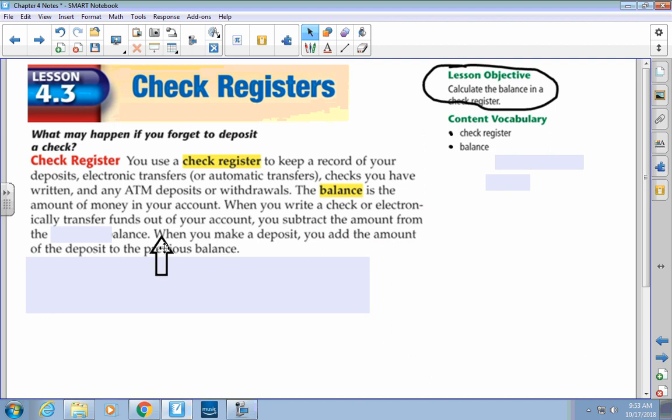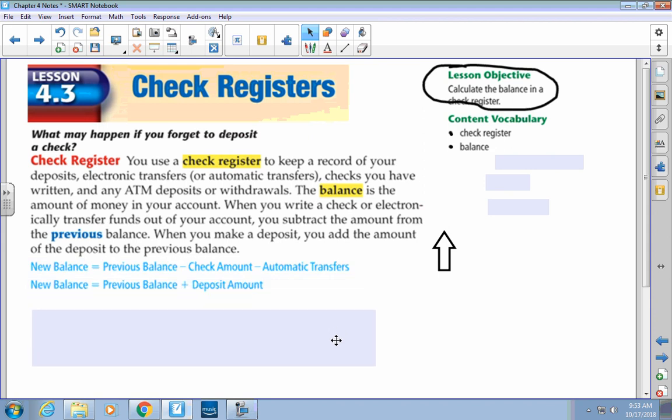When you write a check or electronically transfer funds out of your account, you subtract the amount from the previous balance. When you make a deposit, you add the amount of the deposit to the previous balance. Okay, so go ahead and take a moment and write this in your notes.